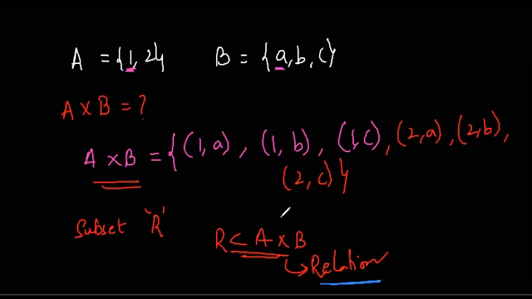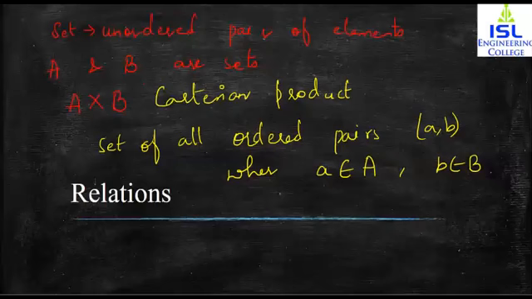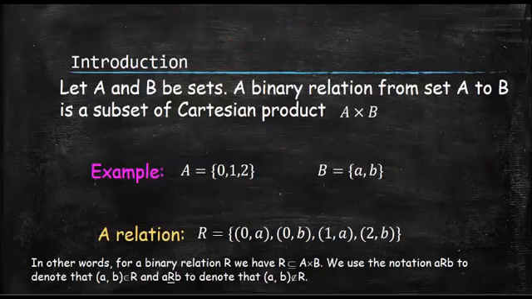Now we will study the formal definition of a relation. If A and B are sets, a binary relation, why are we calling it binary? Because there are two sets A and B and we are considering a relation on them.